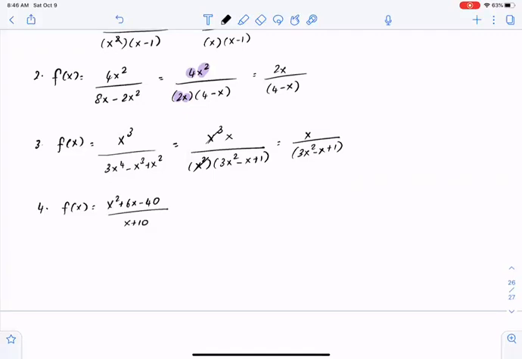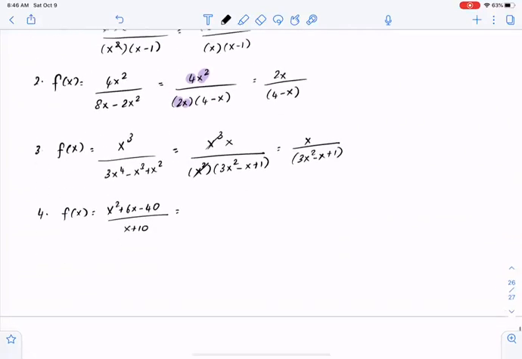So first, should we keep the numerator and the denominator as is? Well, the denominator must be kept as is because there isn't much I could do with x plus 10. The numerator, we have to see if we can factor. If we can't factor, we will still leave it as is.